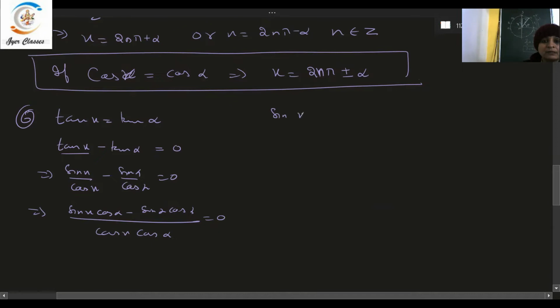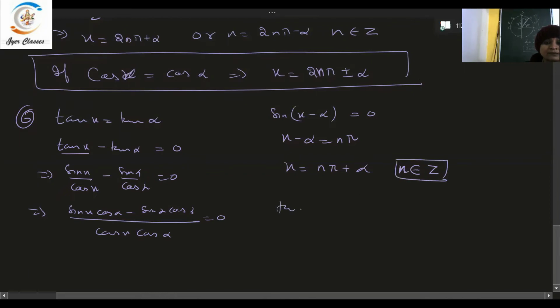This becomes sin x minus alpha, that is equal to कितना आ गया? 0. Yes. क्या? Sin A cos B cos A sin B. तो sin x minus alpha, and that is equal to 0. Denominator यहाँ से 0 मल्टीप्लाई होकर तो चला गया. तो इसका मतलब क्या होगा? x minus alpha is equal to कितना हो गया था बेटा? n pi. So x is equal to n pi plus alpha, where n belongs to the set of integers.